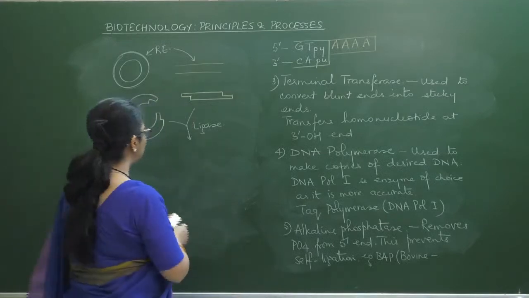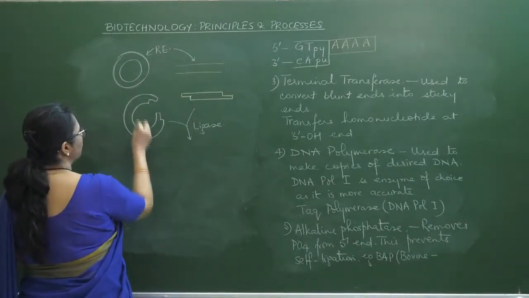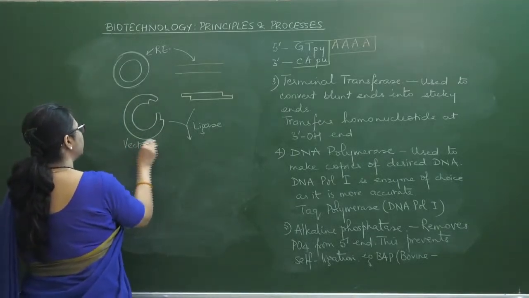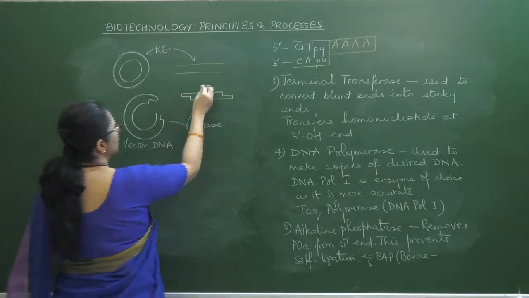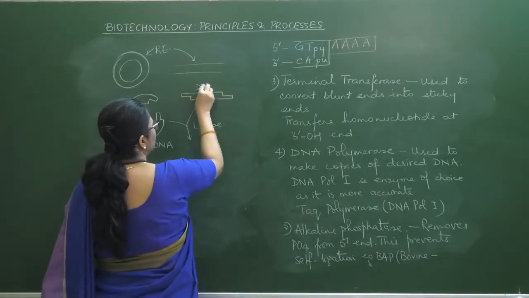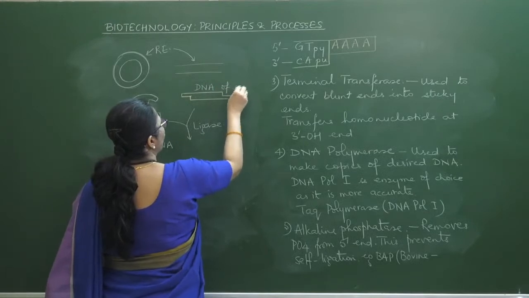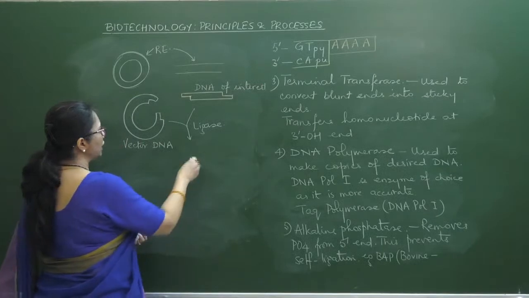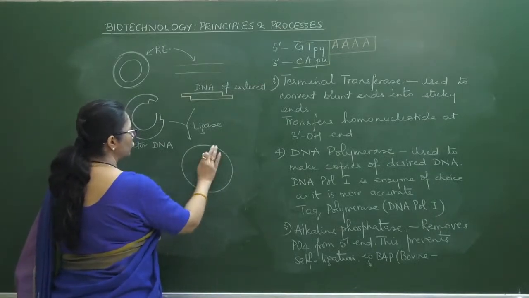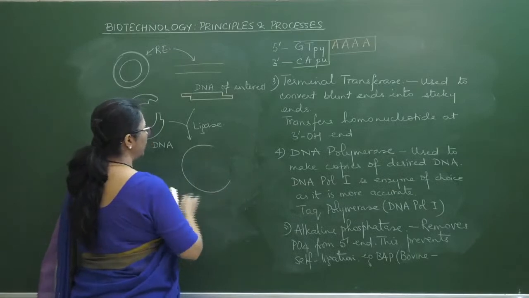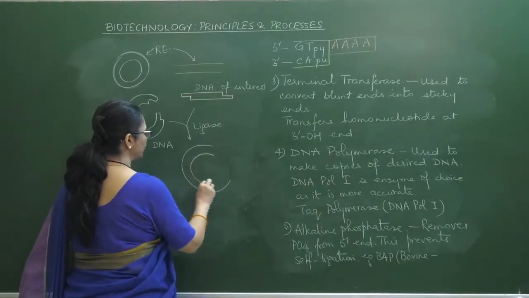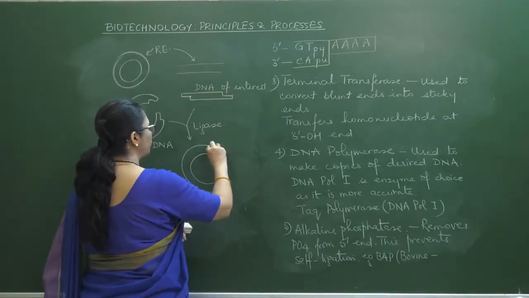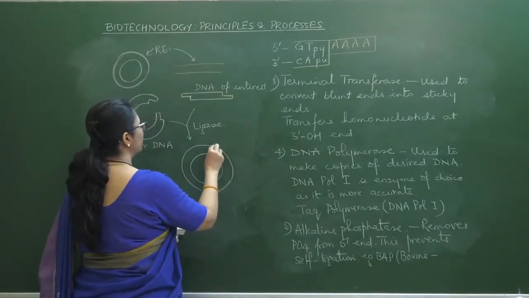Okay. So next thing we can first mention, because here you see a plasmid is already drawn, this is the vector DNA. So you see this is the vector DNA, and this is the DNA of interest, or foreign DNA, alien DNA, any such term you can use. And once this attaches, suppose here it does attach, then what is formed is recombinant DNA, right?